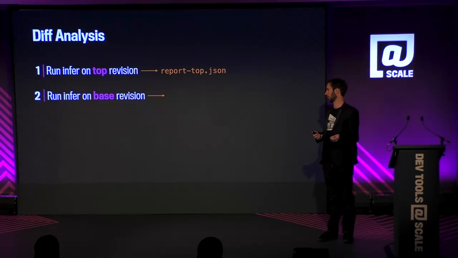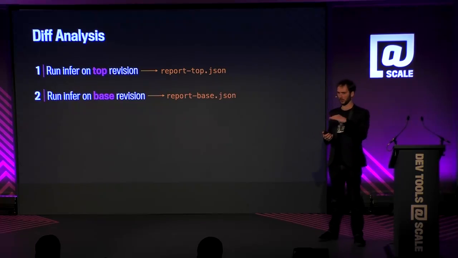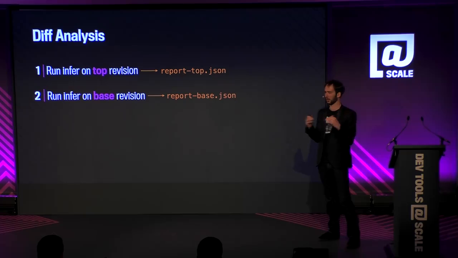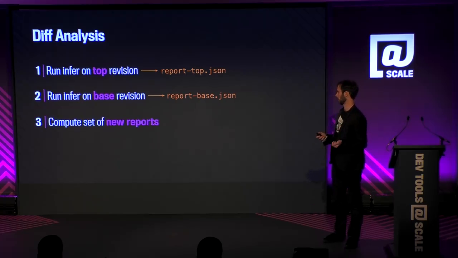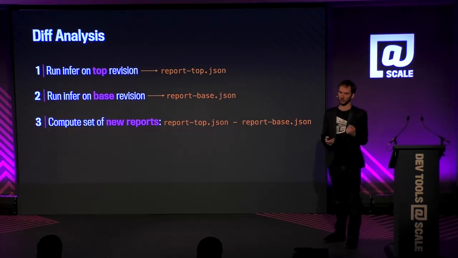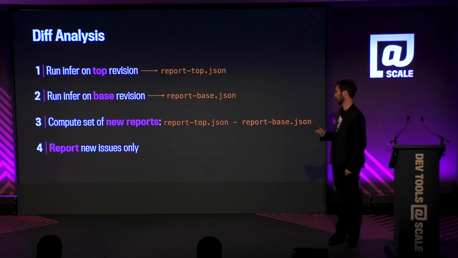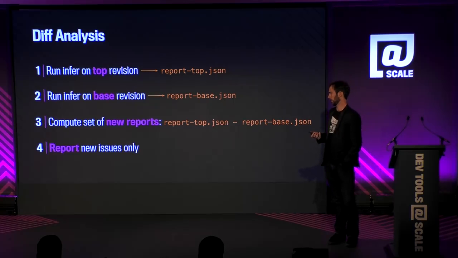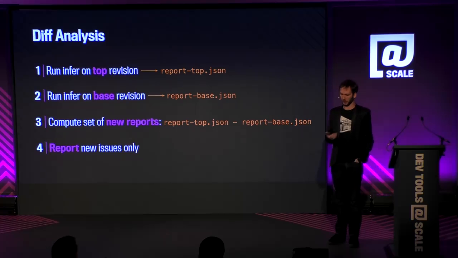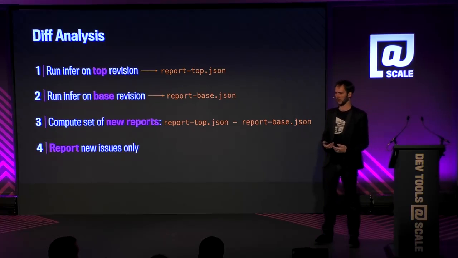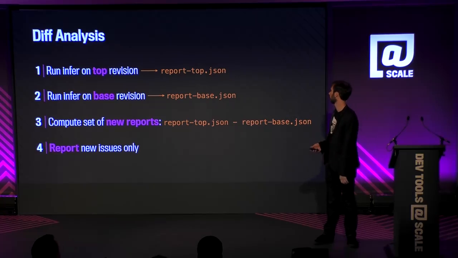And we also run Infer on the base revision, the one without the change. This provides us with a baseline of existing issues in the code base. And then we compute the difference. We're only interested in the new reports, which means we only report issues that are likely to have been introduced by the code change. And that's very important to make sure that developers care about the feedback that Infer gives them, because it's actually about the code they wrote.